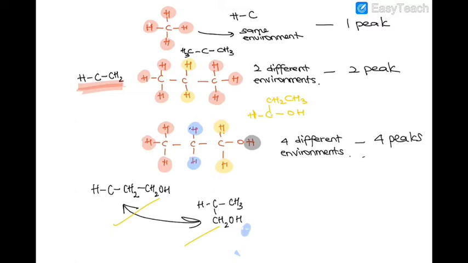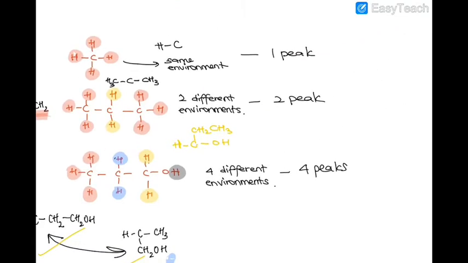The NMR is also going to give you how many hydrogens you have in that particular environment. So you're going to have 1 peak, and the area under that peak is going to be 4, which indicates that there are 4 hydrogens.